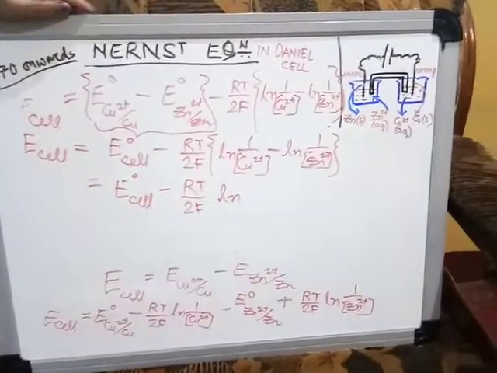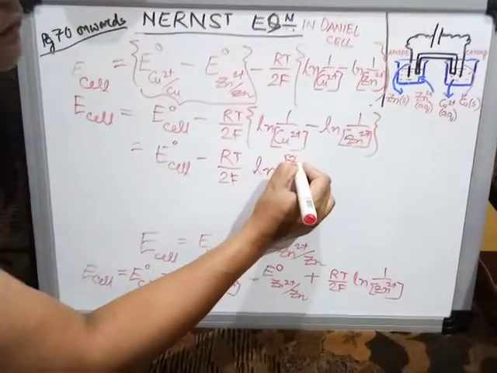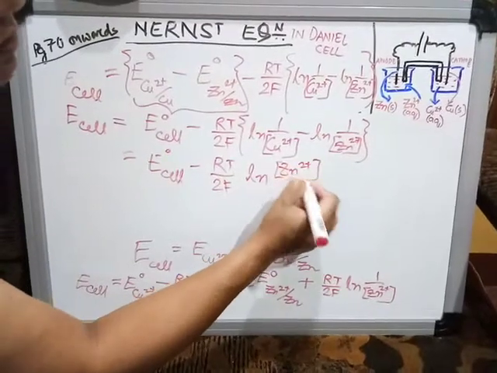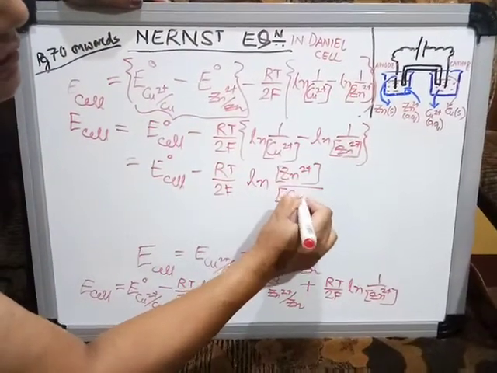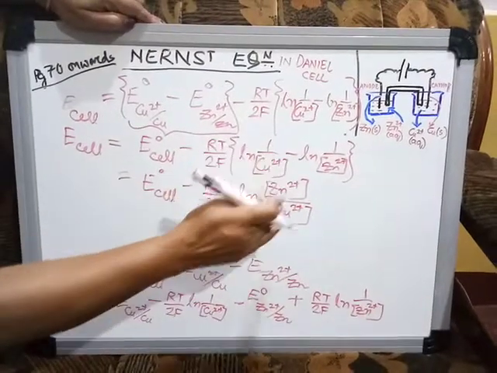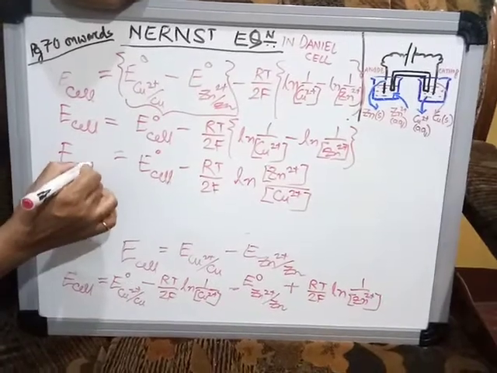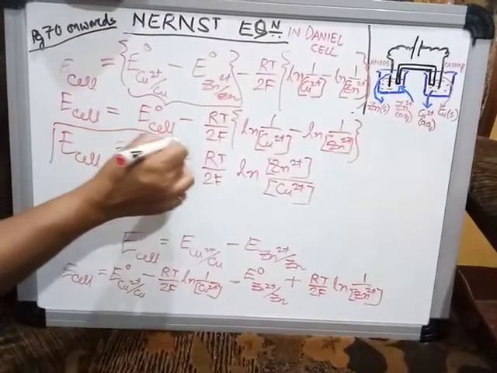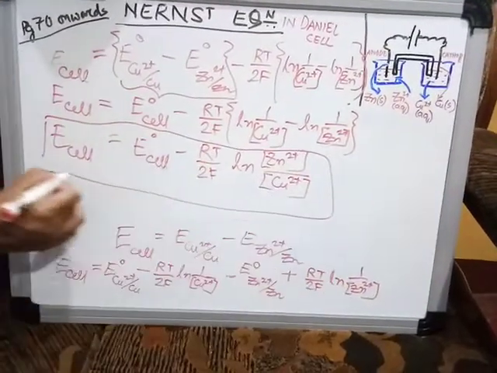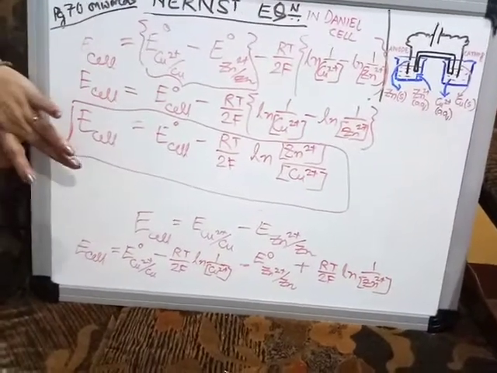So you can write it as Zn2+ divided by Cu2+. So this portion becomes this. So this is the Nernst equation for the Daniell cell. This is how it is written.